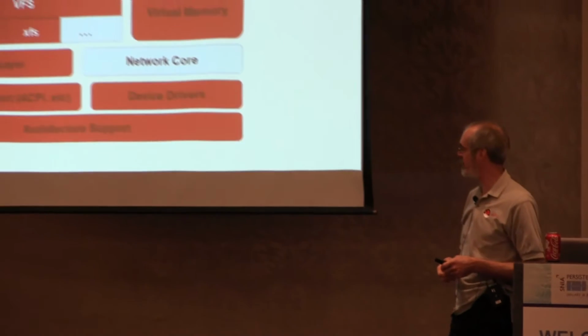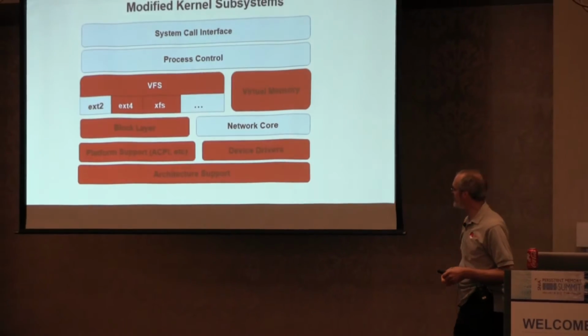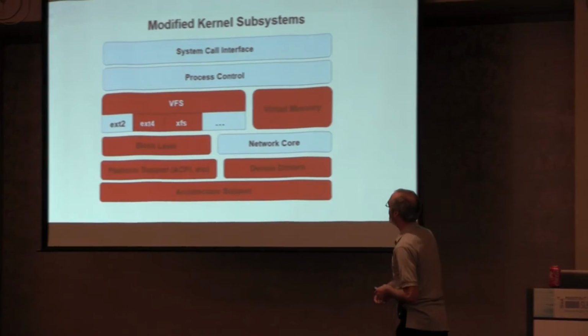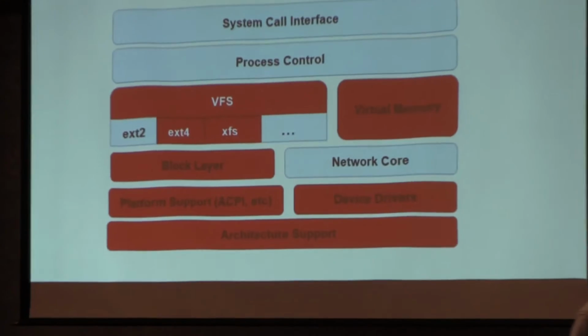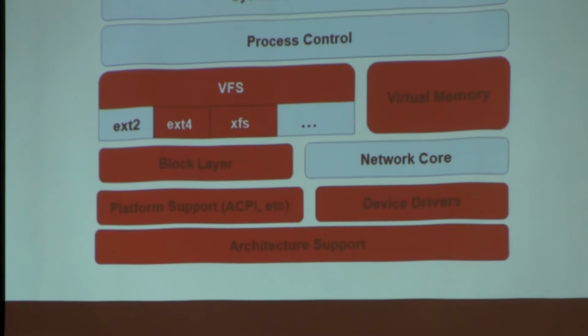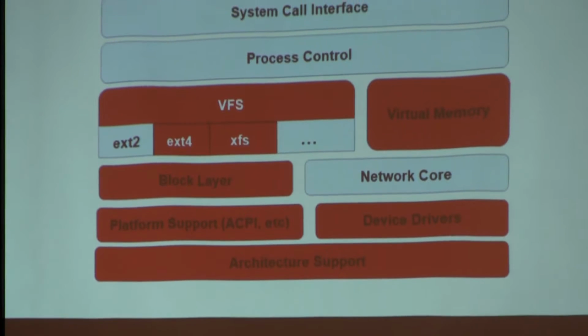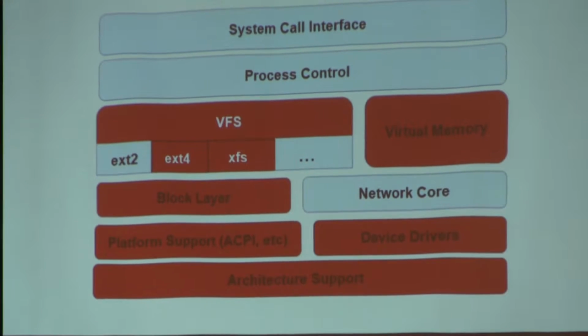In this case, it was a dramatic amount of work to support persistent memory. 2 file systems were modified dramatically, as were the VFS virtual file system with layers on top, the block layer, and the VM system as well, aging and so on. So this is just a view of the amount of impact this had on the kernel.